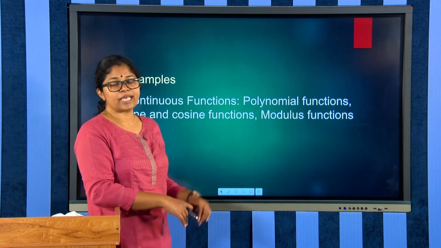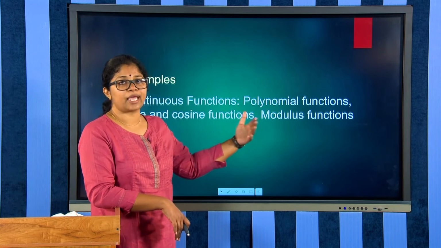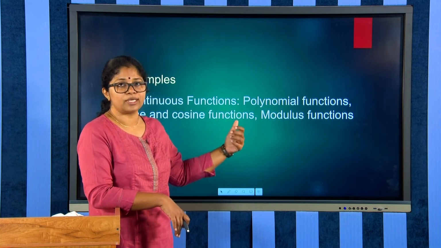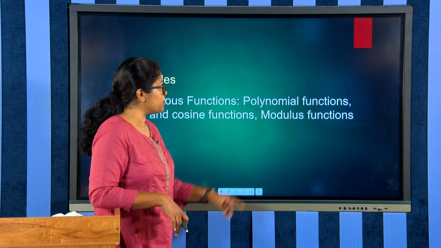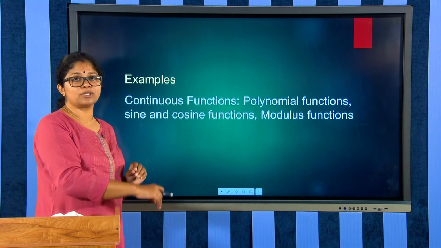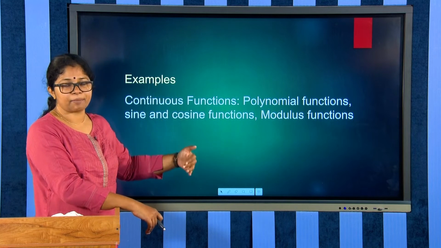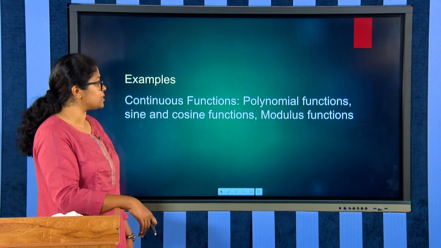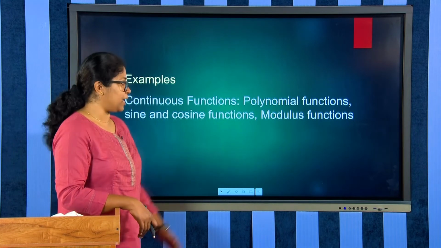We know the expressions like x, x square, x cube; the combinations of all these and the multiples of these become the polynomial functions. It has a general expression also: a_n x raised to n plus a_(n-1) x raised to n minus 1 plus and so on, plus a_1 x plus a_0.